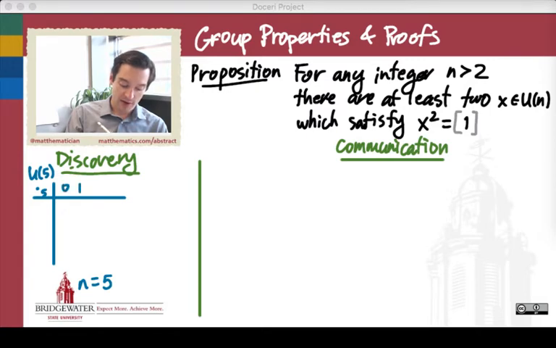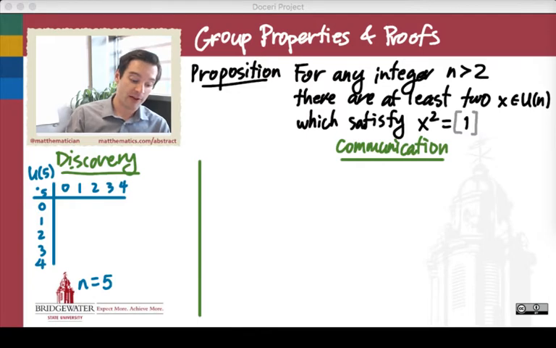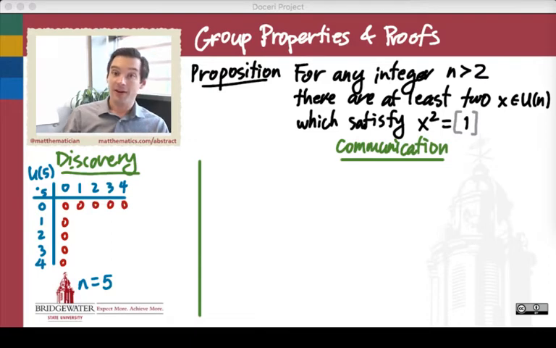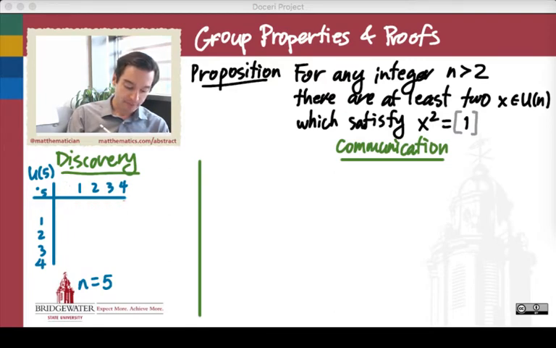And here are my elements, 0 through 4. Again, these should all be understood as equivalence classes. I'm going to drop the brackets on them for now, but remember these are equivalence classes mod 5. Then let me write out the Cayley table real quick. I've written 0, although as we saw in class today, we cannot allow 0 to be an element in this group because it doesn't have a multiplicative inverse. So right off the bat, I'm going to remove it from my Cayley table and continue.